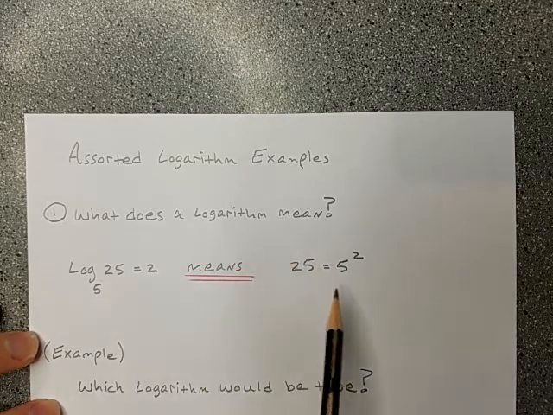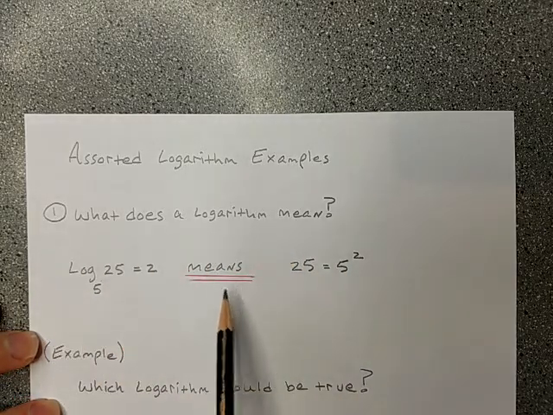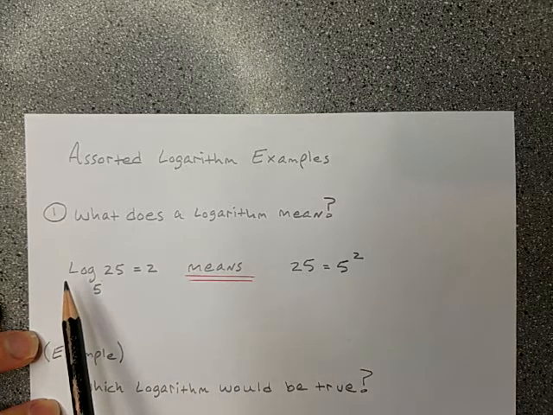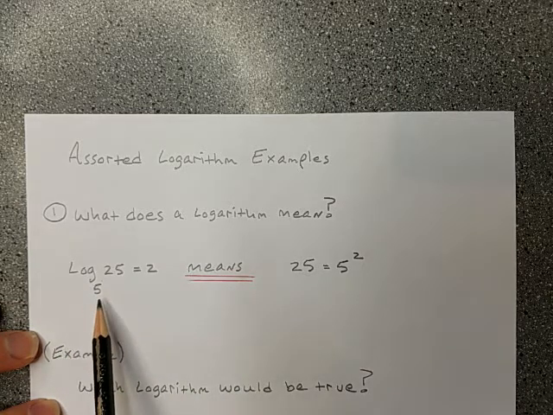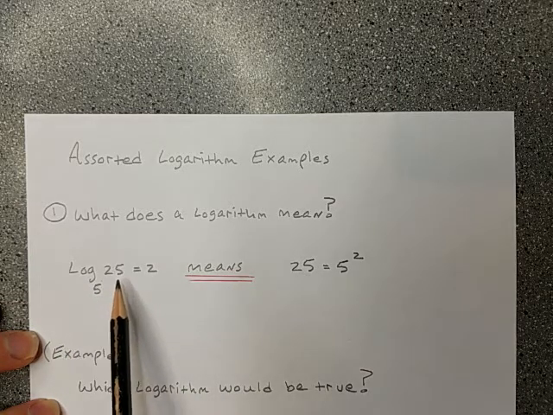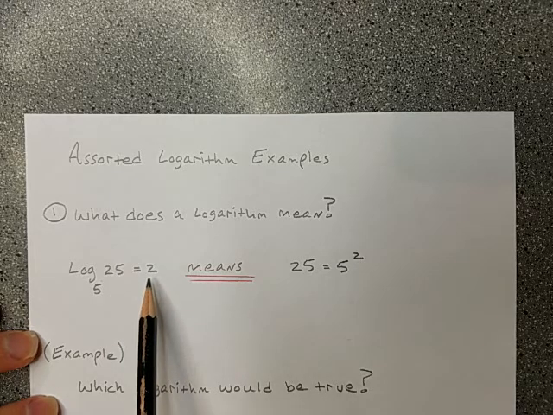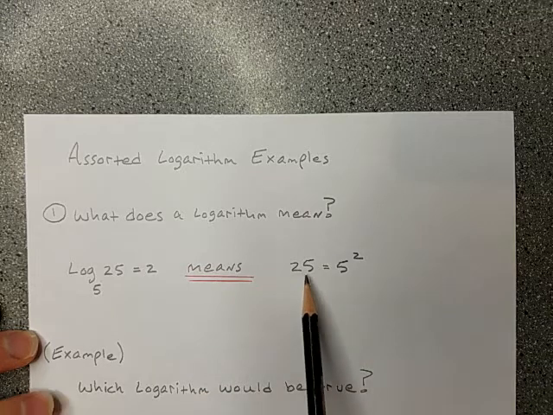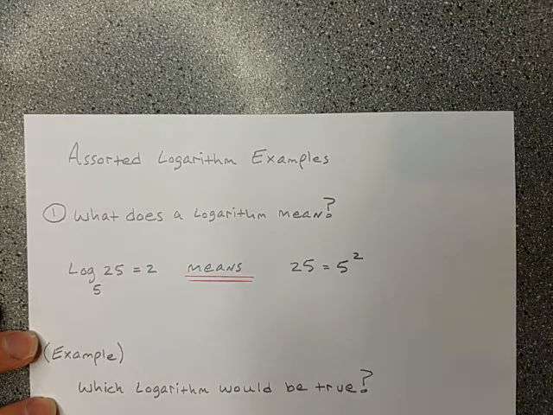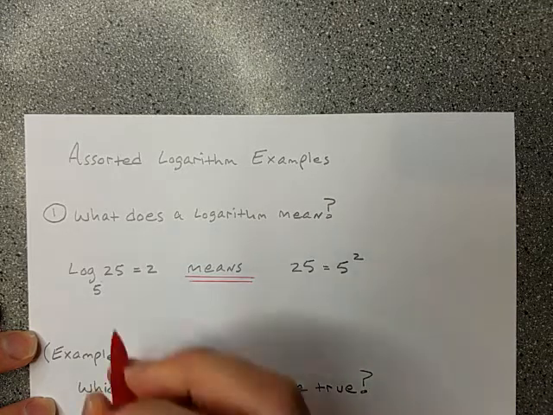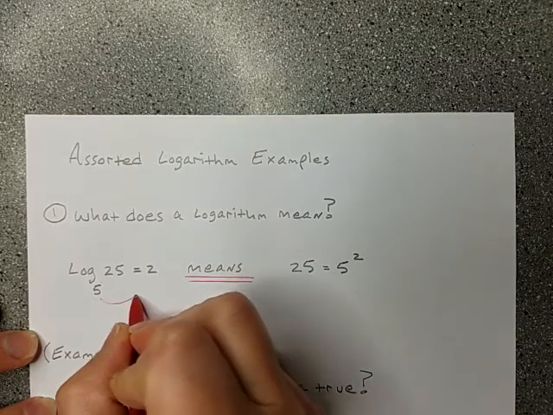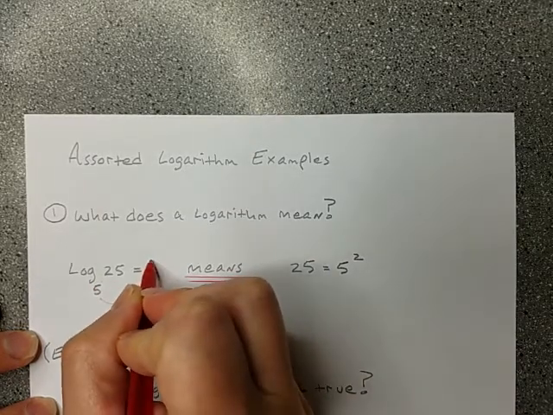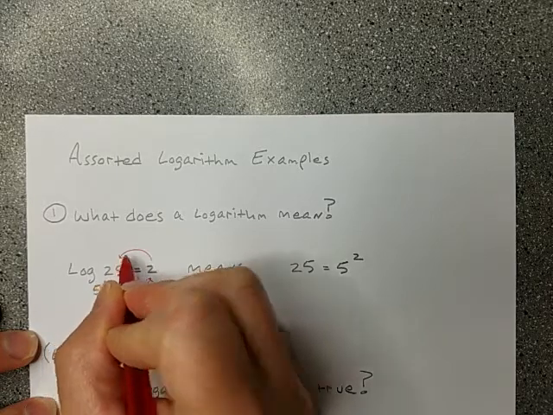So in this statement here, I tell you what a logarithm means. If we say log base 5 of 25 equals 2, what does that mean about those numbers? Well, it means that 25 is 5 to the second power. If you like patterns, if a pattern would make it easy for you to remember, then this is at least the way I explain it.